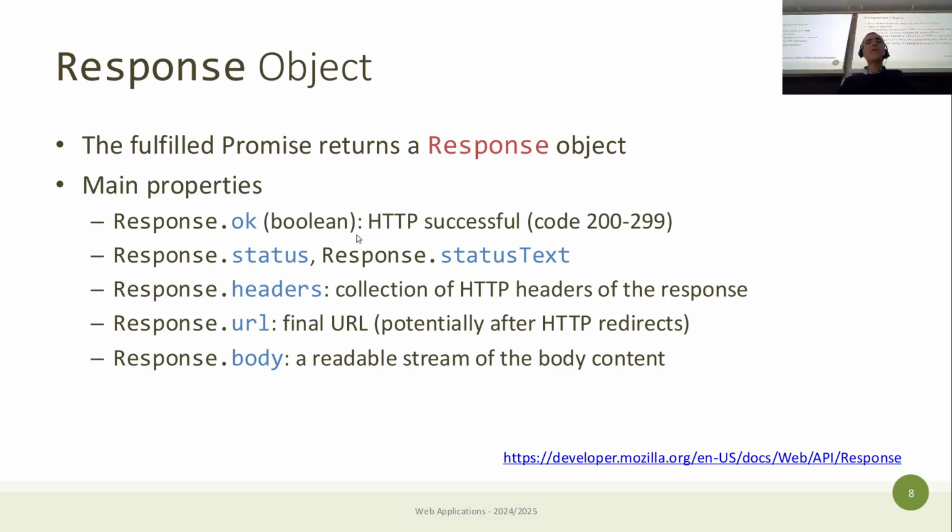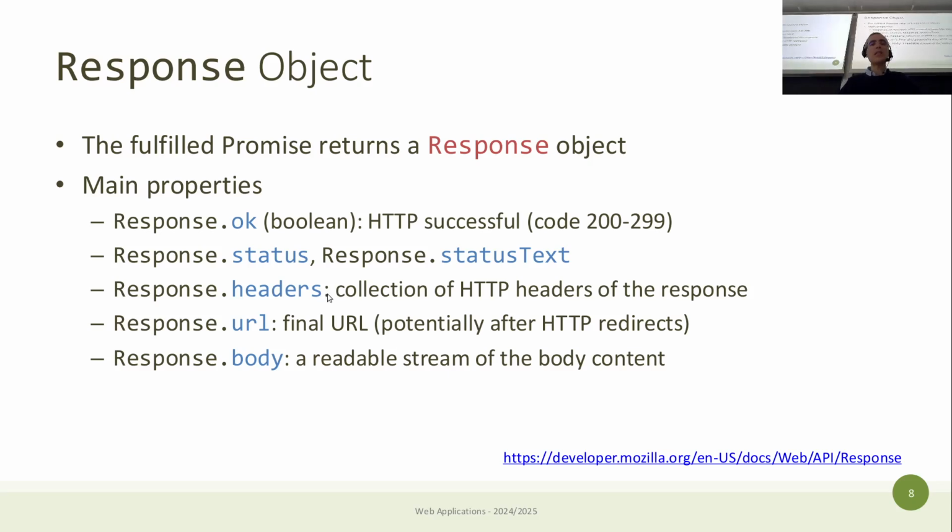So if the status is between 200 and 299, so it means it's in the OK range, ok is set to true. So it's a very easy way to check if everything went fine or not with the request. You also have the actual status number, and the status text as well. The headers, because you know that in HTTP there are headers.